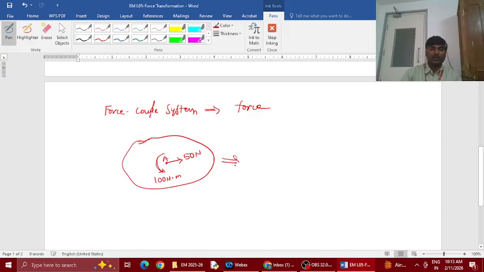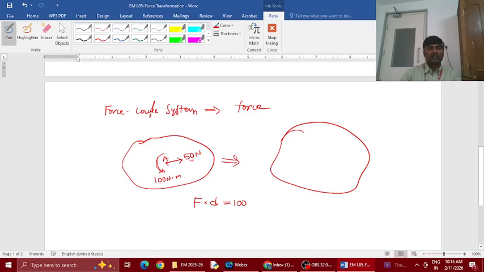So what will you do? Take the body. Now you see there is a couple acting with a magnitude of 100 Newton meter. Moment is equal to force into distance, which is given as 100. I know the force value.